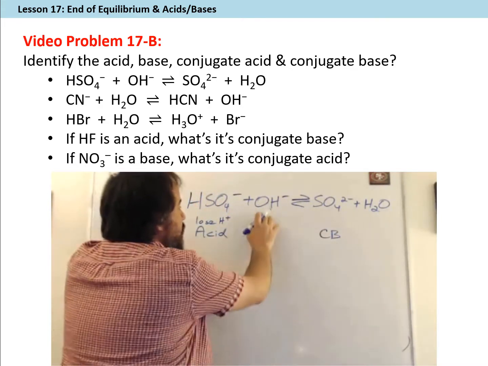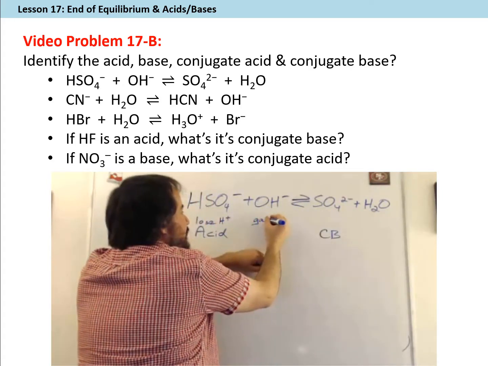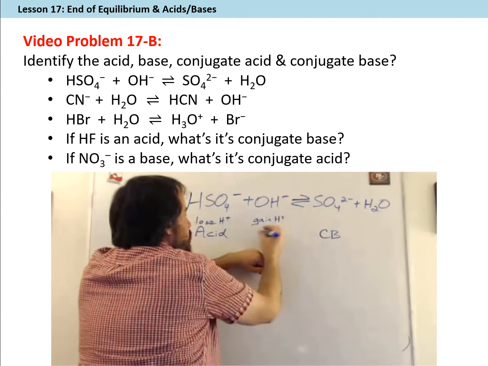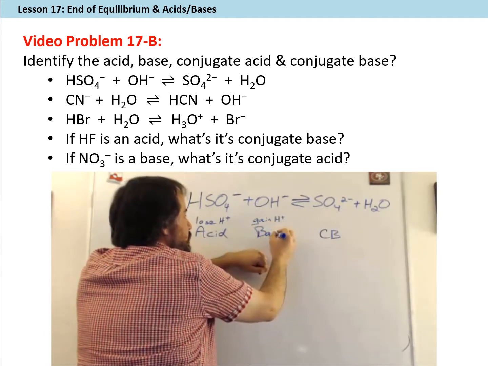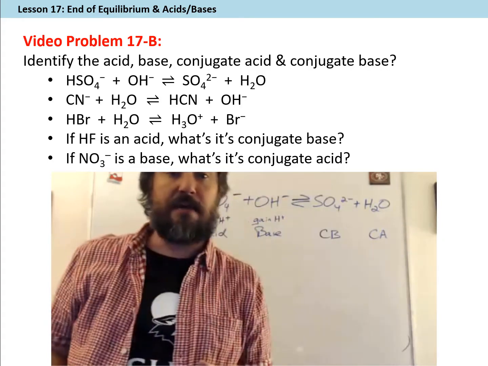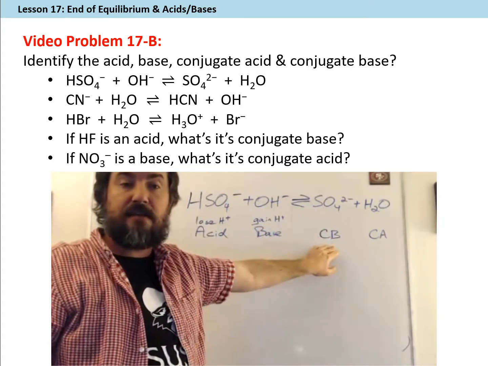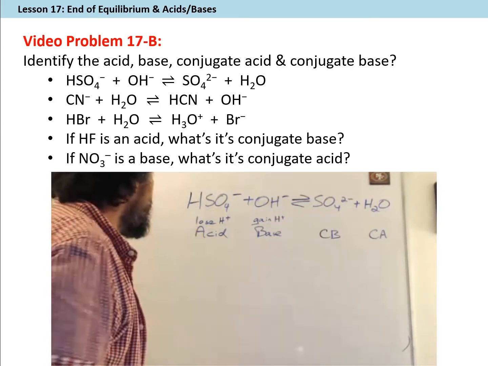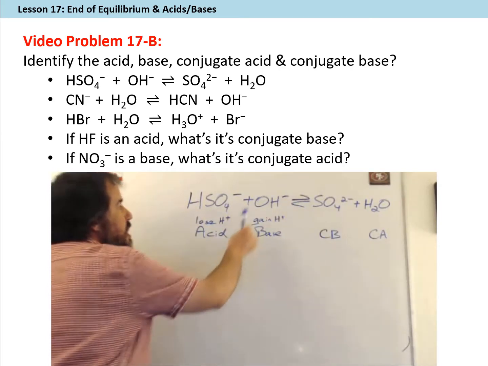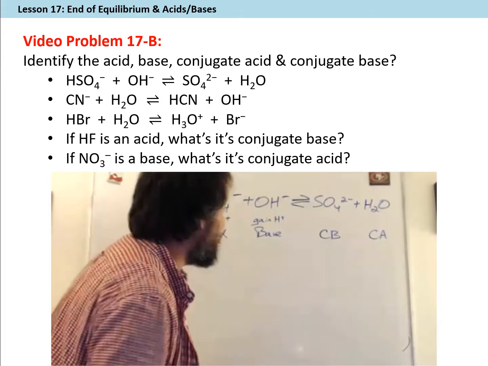Well, that means my OH-, to get to H2O, must gain H+. So that means this is a base, and this is my conjugate acid. Okay? Bases produce acids, acids produce bases. That's one example. Notice that OH- is a base. OH- will always be a base.